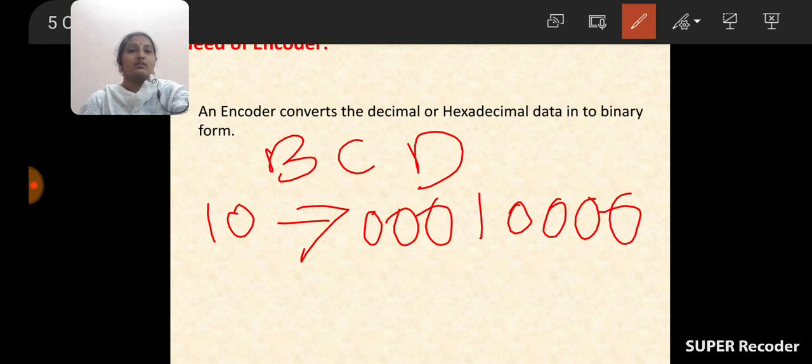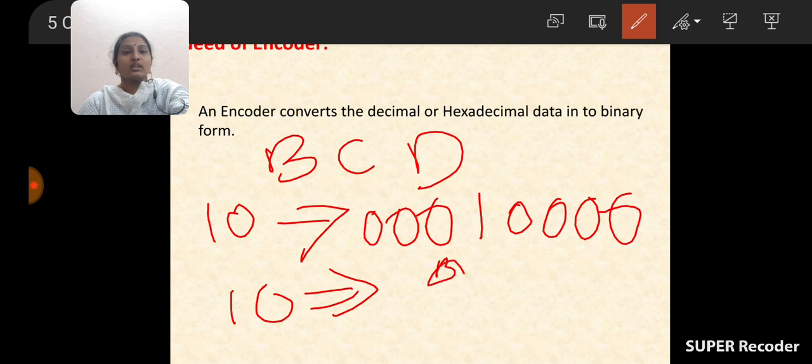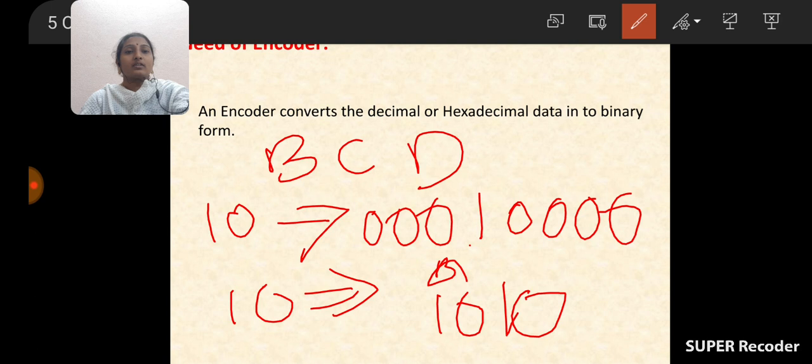But while coming to the binary, decimal 10 is converted into only binary 1010. So decimal 10 is equal to 1010 in binary, and 0001 0000 in BCD. Okay. So BCD means binary coded decimal.